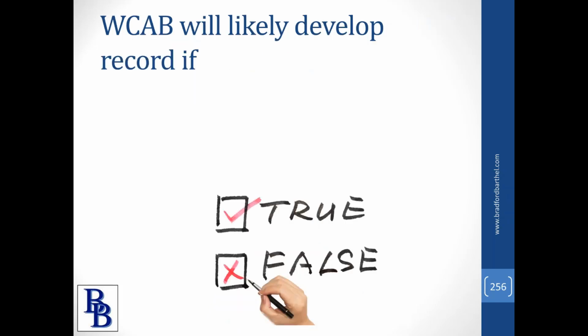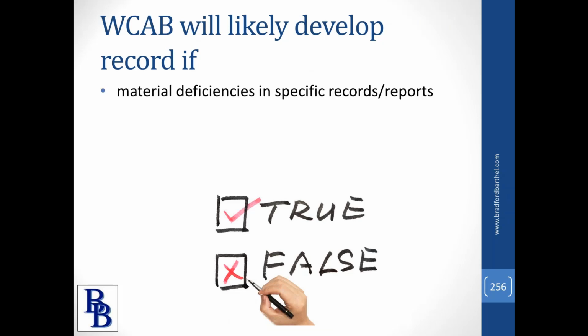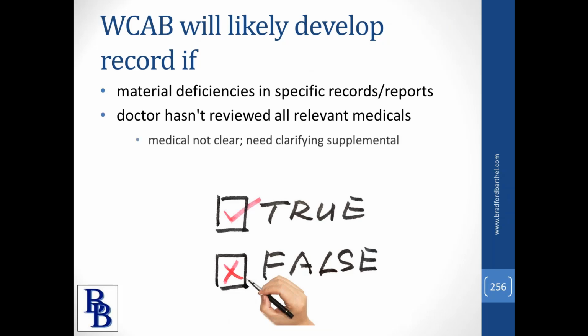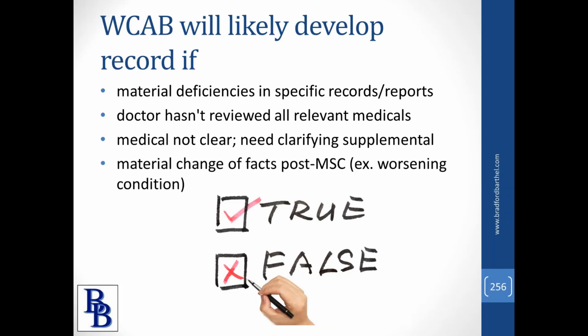The WCAB is likely to develop the record if there are material deficiencies in specific records or reports, and the doctor hasn't reviewed all the relevant medical reports, or the medical file is not clear, it requires clarifying supplemental, or finally, and probably most significantly, there's a material change of facts post-MSC, such as the applicant has gotten worse.